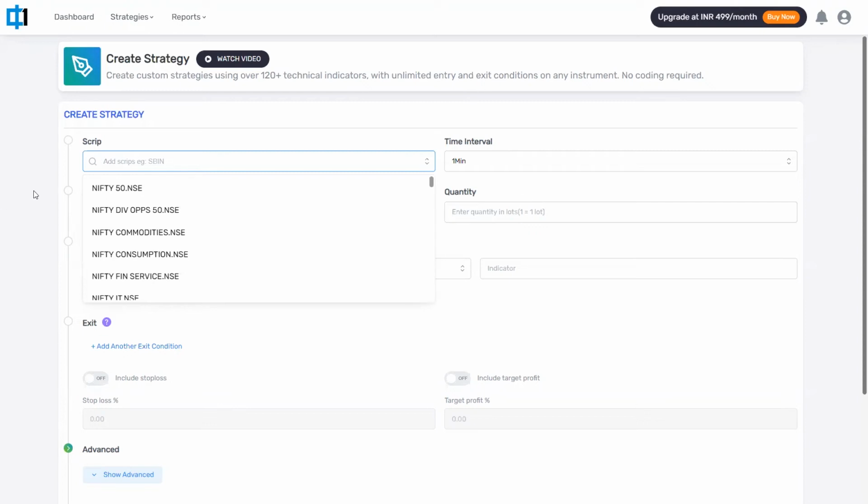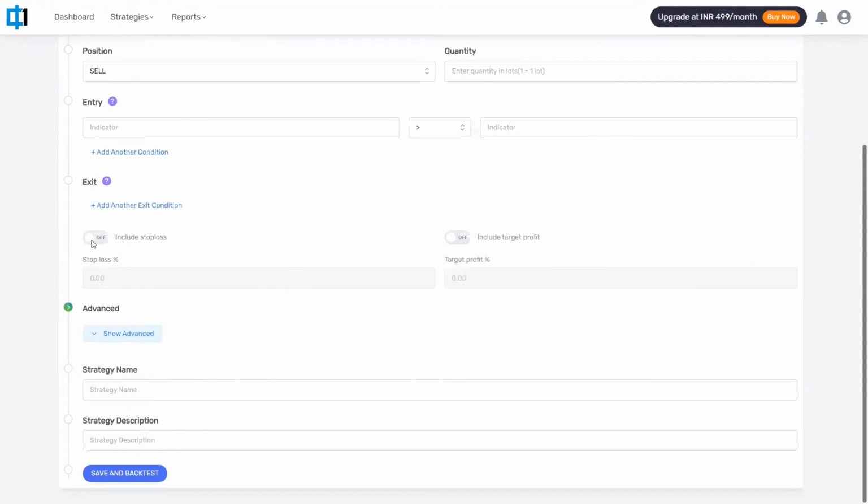In terms of risk management, yeah, so in the core platform, which is the one that we are seeing here, we have stop losses and take profits. These run tick by tick. So even within the candle, if the stop loss or the take profit gets hit, your trade will get squared off. So this is implemented with a bracket order internally, and that bracket order is running on the exchange.